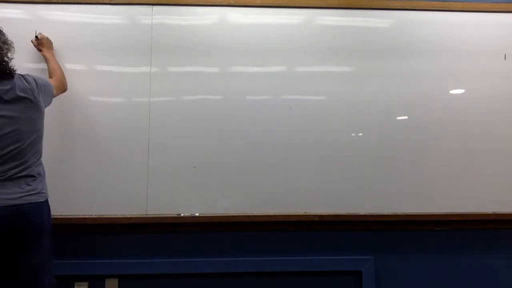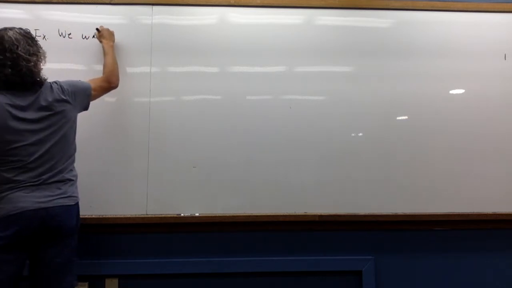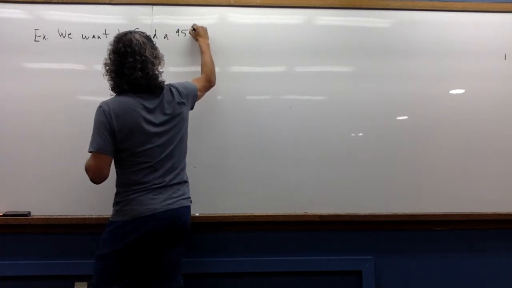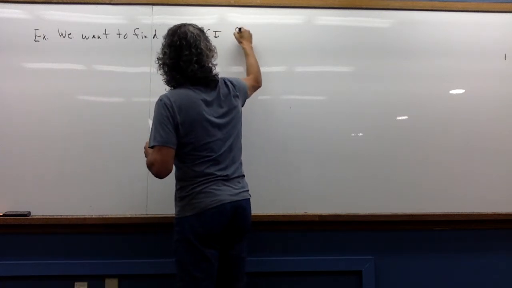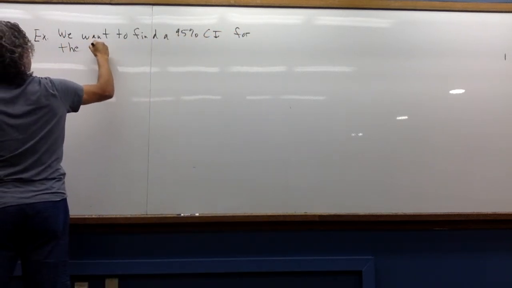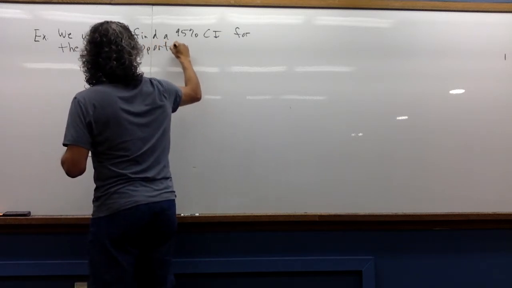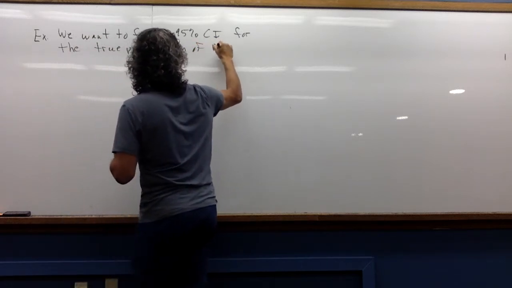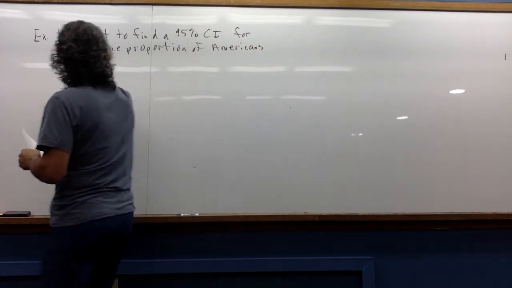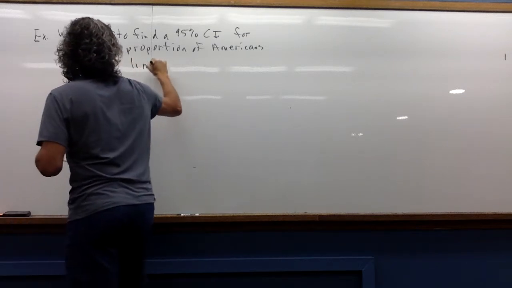As an example, let's say we want to find a 95% confidence interval for the true proportion of Americans who love lima beans.